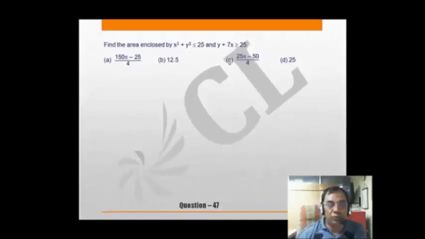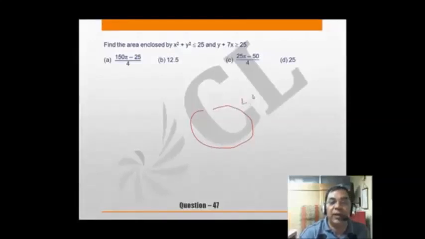I can do it, but let's see. I can do it. This is 25. Okay. And y plus x is greater than 25. So y is equal to 25, x is 0, so y is 25.